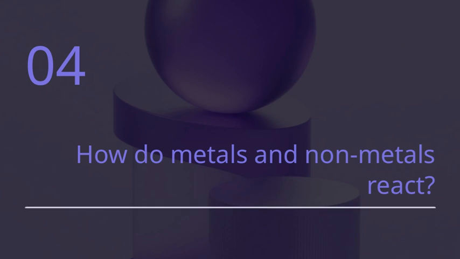For nonmetals, reactivity depends on their ability to gain electrons, which is strongest in elements like fluorine. Overall, recognizing these reaction patterns helps us predict how different elements will behave and interact, which is key to understanding chemical reactions in everyday life and industrial processes.